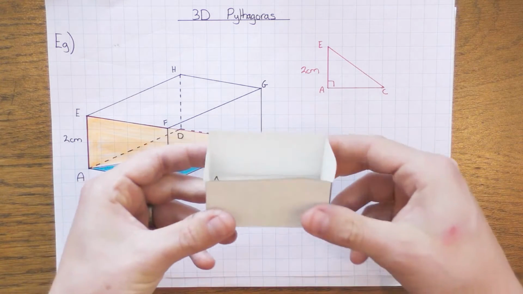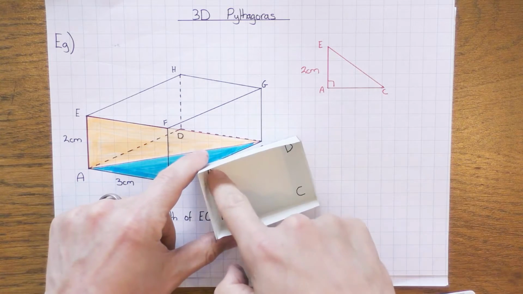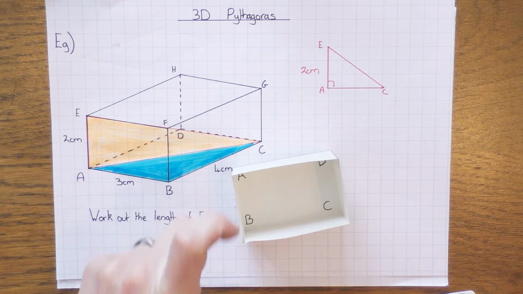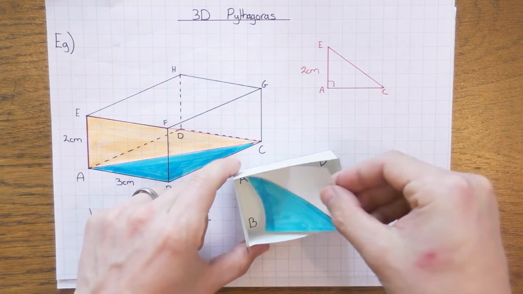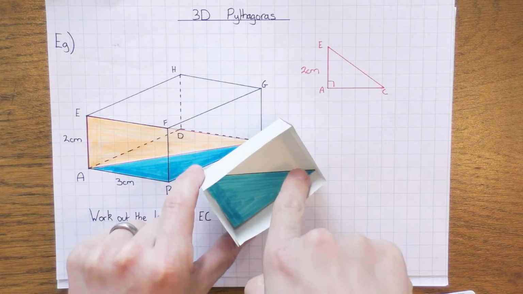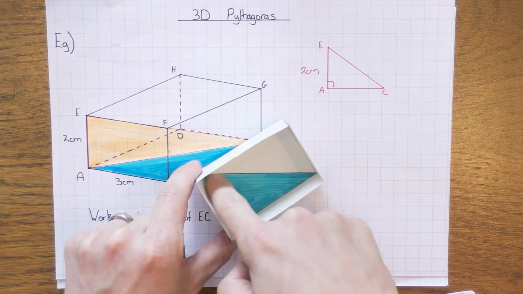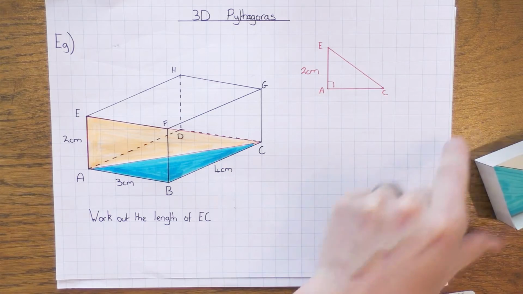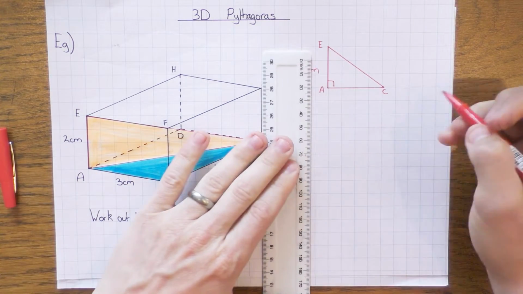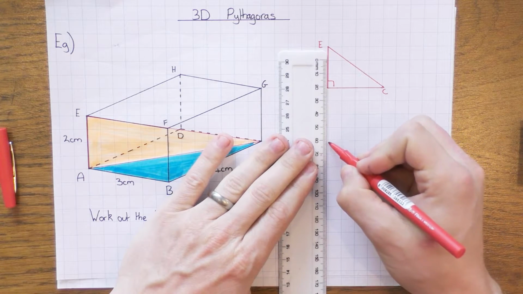So if I just bring back my little diagram here, here is our cuboid. As you can see, I've got A, B, C, D at the bottom, which is the bottom rectangle there. So all I've done is I've got my blue triangle there, which is the length from A to C. So there's my right angle triangle there. So let's draw that one out just like we did with the first one.